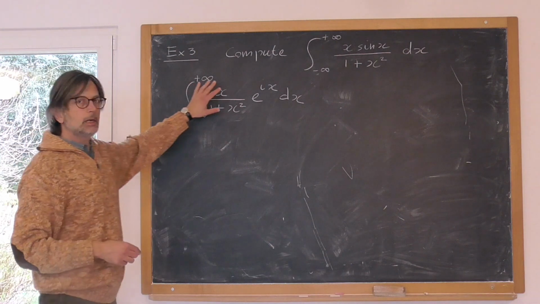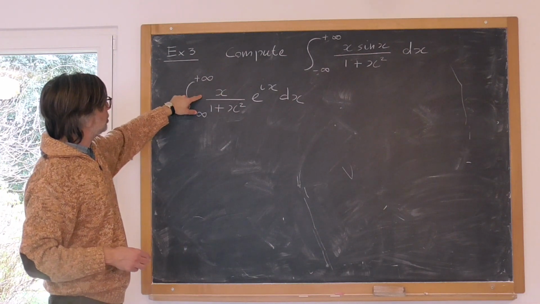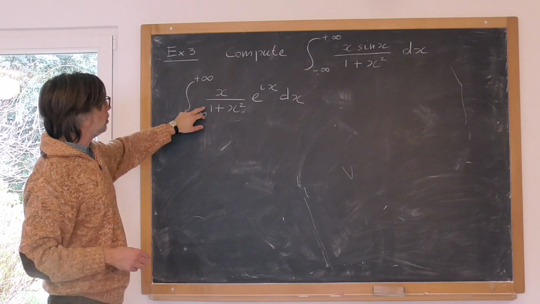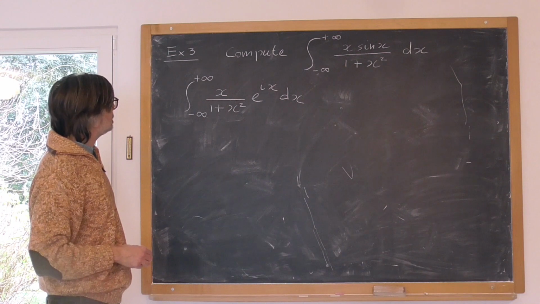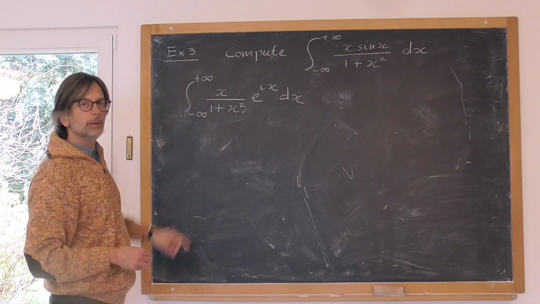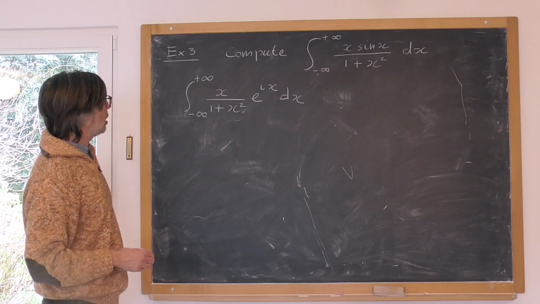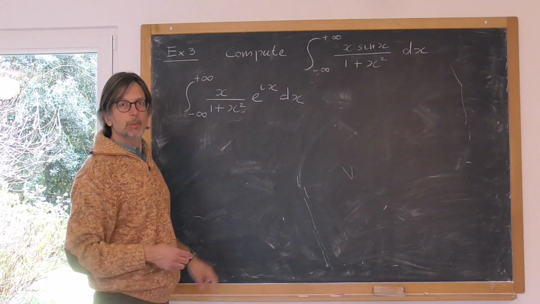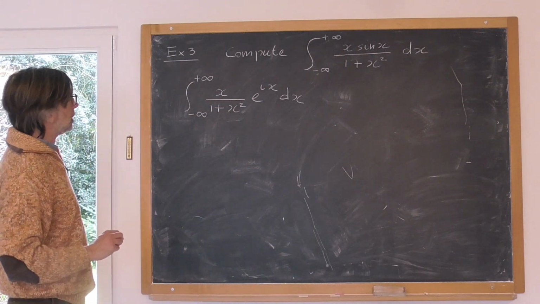Okay, so we will compute this integral. And this is exactly an integral of type 3. Notice that in this rational function we have no poles on the real axis, and the degree of the denominator is 1 more than the degree of the numerator. And the alpha here is 1, so we are exactly in the assumptions of type 3.